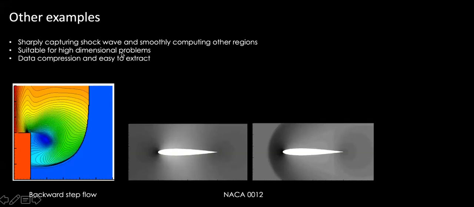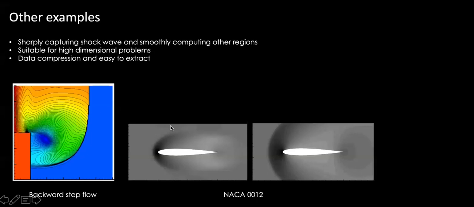We compress data into the network parameters, which is easy to extract. We also simulated other supersonic and transonic compressible problems, but due to the time limit, I don't introduce them here.